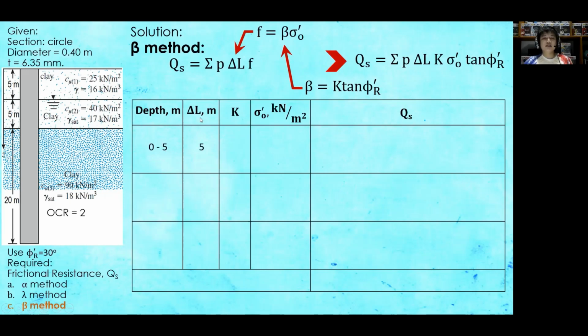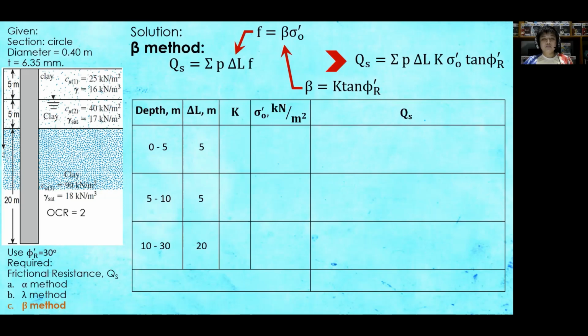Therefore, our segment length is 5. Next, for depth 5 to 10 meters, the segment length is 5 meters. And last, for depth 10 to 30, the segment length is 20 meters.